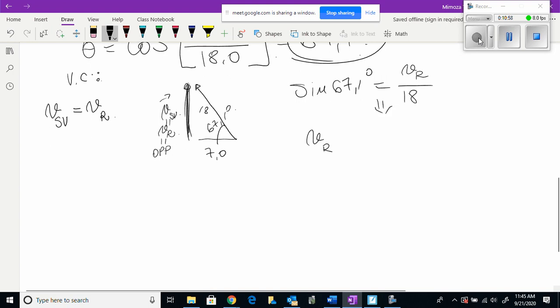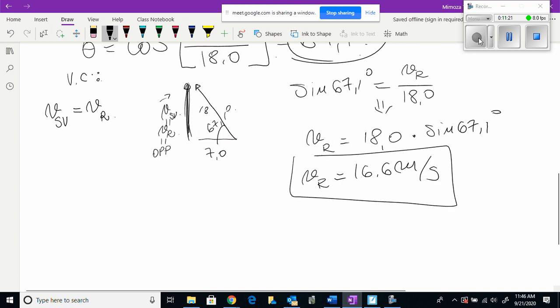From here, you can find that the resultant is 18.0 times sine 67.1 degrees. So 18 times sine 67.1 will be equal to 16.6 meters per second. And the direction will be straight up.